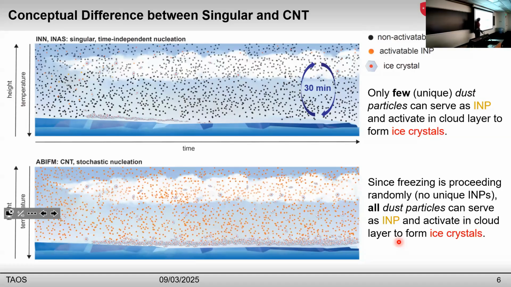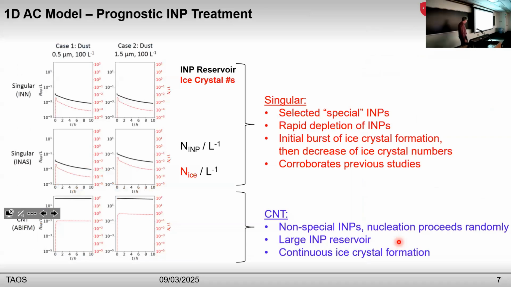The INP reservoir, only the few orange ones here, all of the same particles are the INP reservoir. That's idealistic, of course. In the real atmosphere, you do that for soot, for sea spray, mineral dust, organic particles. Every particle type will establish its INP reservoir. But you have a much greater one, and therefore the INP reservoir sustains continuous ice crystal formation.